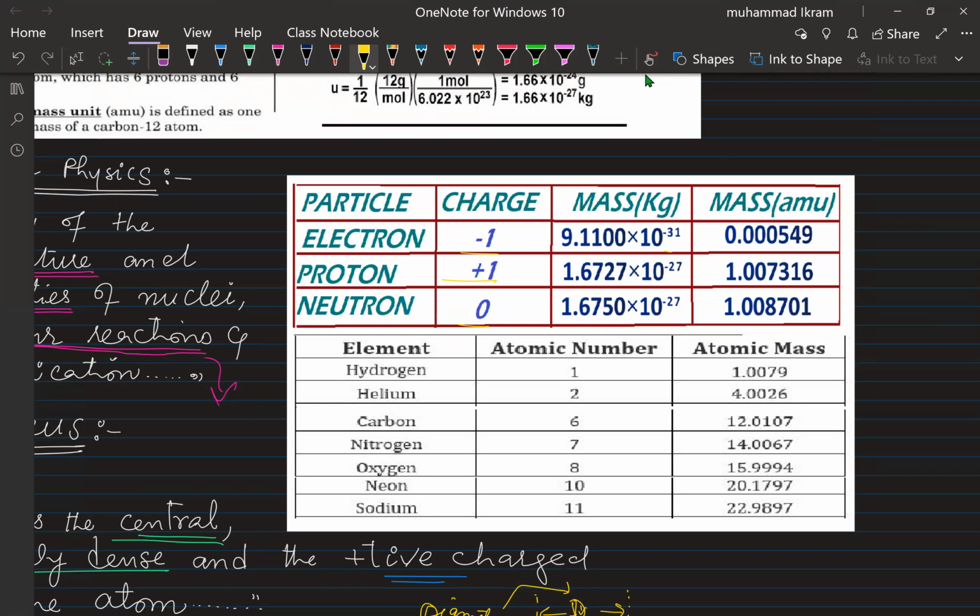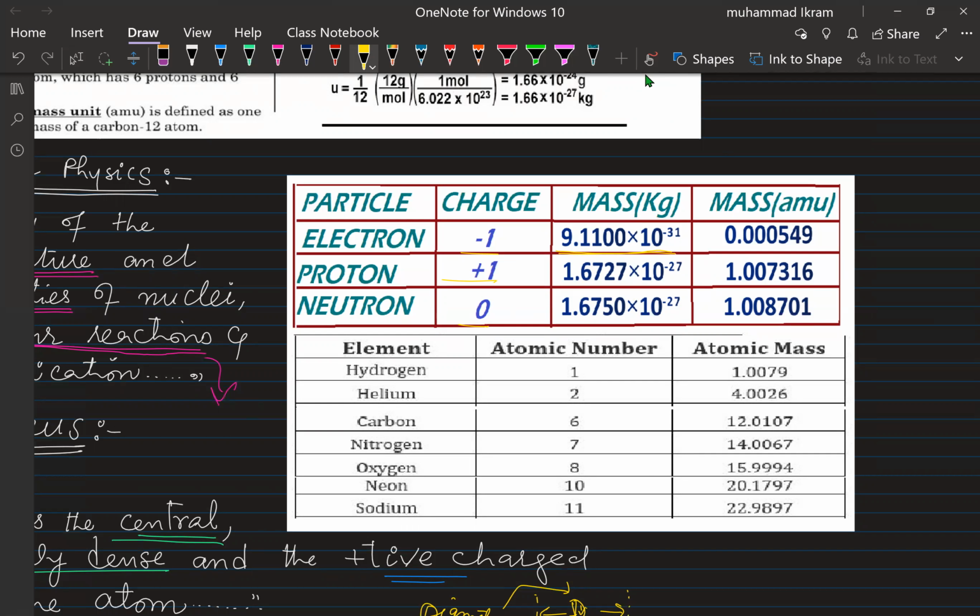You already know the mass of the electron is 9.11 times 10 to the power minus 31 kilogram. The mass of the proton is 1.6727 times 10 to the power minus 27, and roughly the neutron has the same mass.